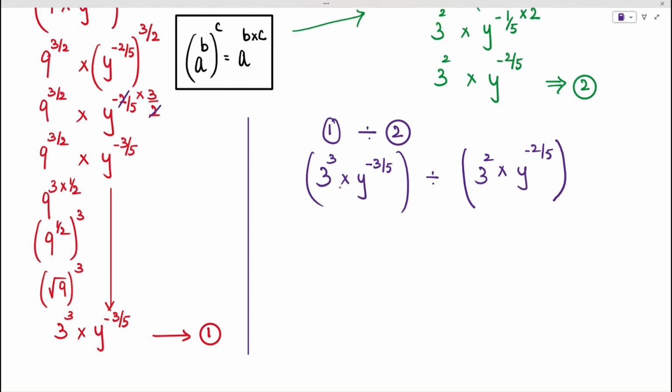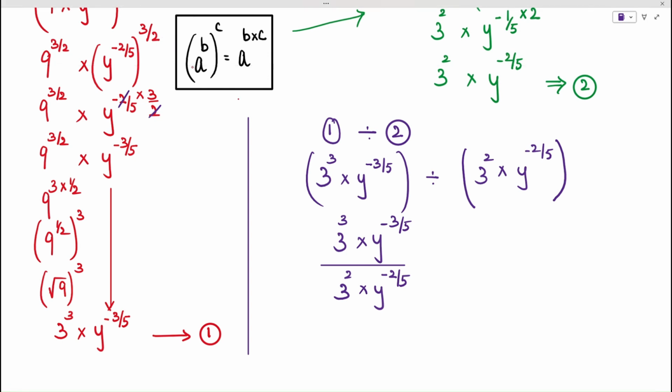Now, to make this easier to understand, we're going to put it in the form of a fraction. So 3 cubed times y to the minus 3 over 5, the whole thing over 3 squared times y to the minus 2 over 5. Now, we can start cancelling stuff out.